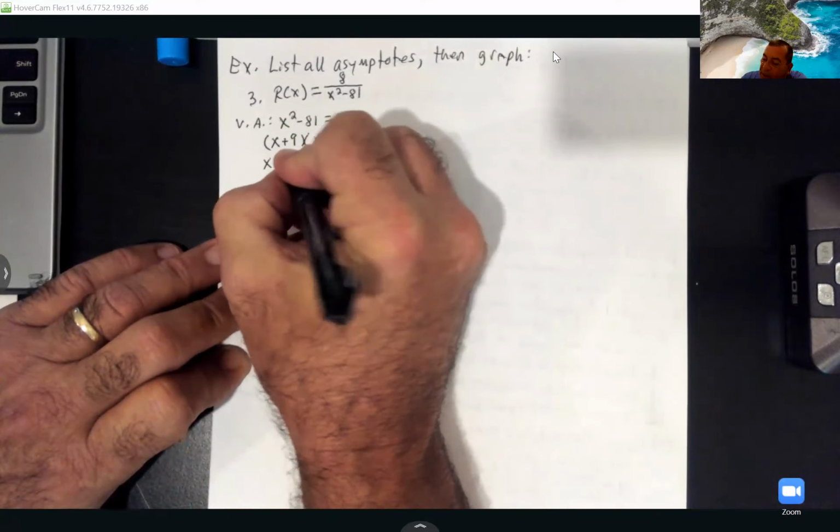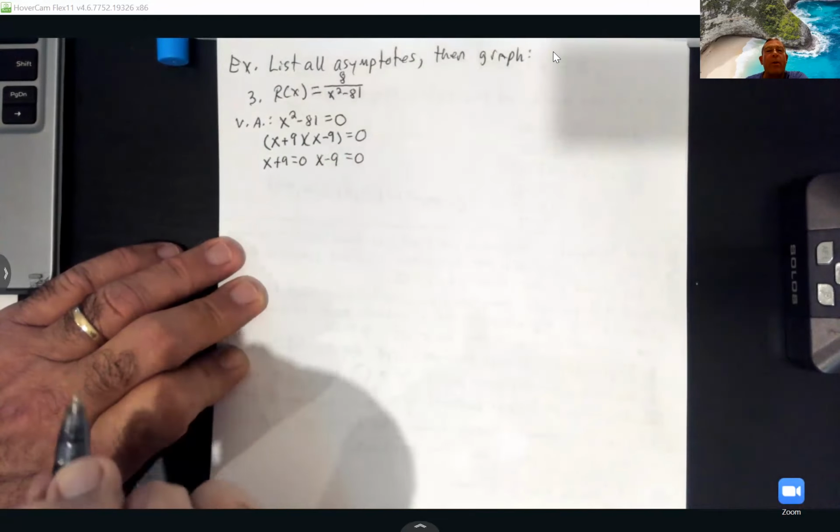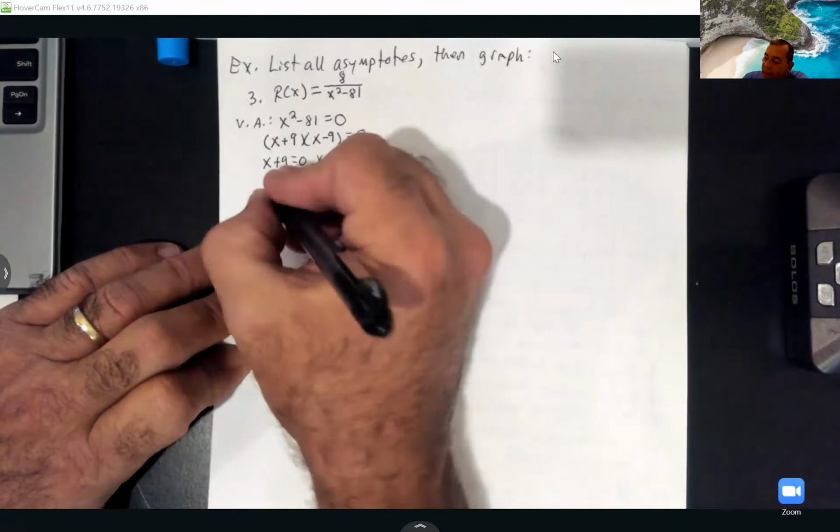So once we solve this, we will have our two vertical asymptotes. So subtract 9, we get x equals negative 9, and then add 9, and we get x equals a positive 9. So the vertical asymptotes, the answer MyMathLab wants, will be x equals negative 9, comma, x equals positive 9.